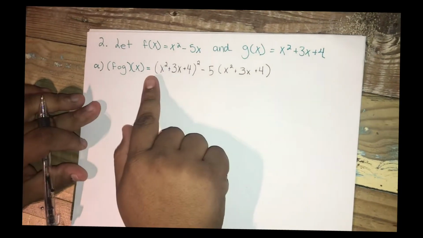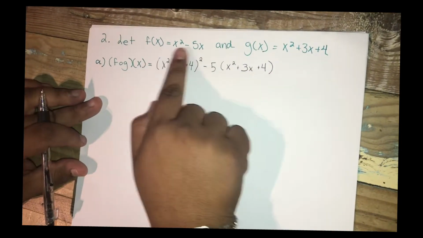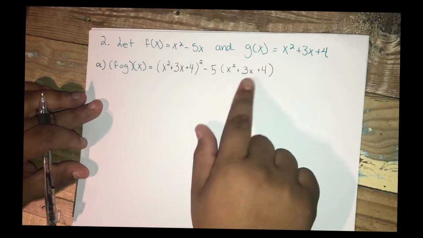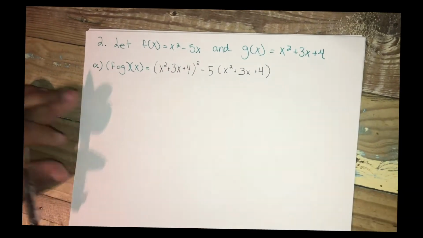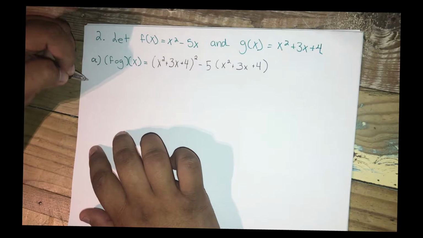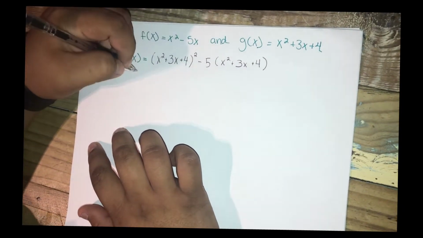This of course means that the function would end up being parentheses x squared plus 3x plus 4 parentheses squared, and then minus 5 parentheses x squared plus 3x plus 4 close parentheses. Now, we're going to have to try to simplify this a little bit more though.